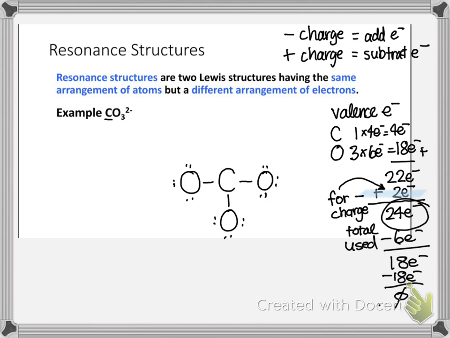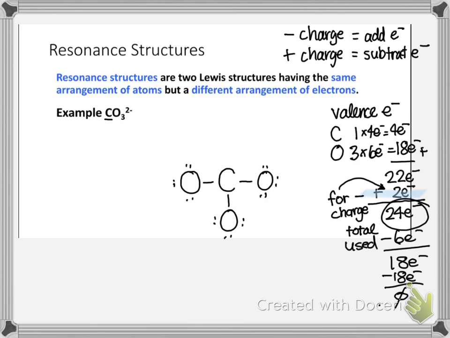Now here's where the idea of resonance comes in. I can take one of the lone pairs or non-bonding pairs off of any of the oxygens, and I would get an equivalent structure. That's the resonance. I could have a double bond between the carbon and any of the oxygens. So there's more than one way I could write it as a Lewis structure.